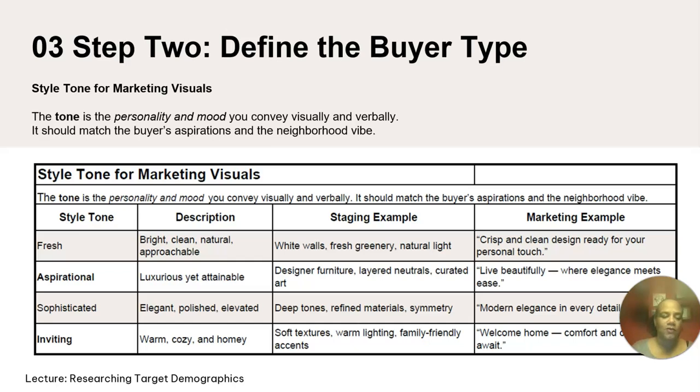If you have decided that your space is a fresh, open, springtime space, then maybe as you're helping the real estate agent market it, it's crisp, clean design, ready for your personal touch. Or if it's sophisticated, maybe the catchphrase is modern elegance in every detail. You're coming up with a phrase that expounds on what the space feels like.